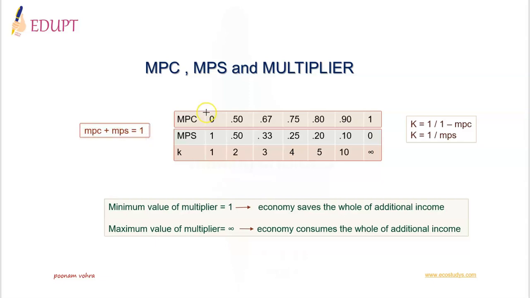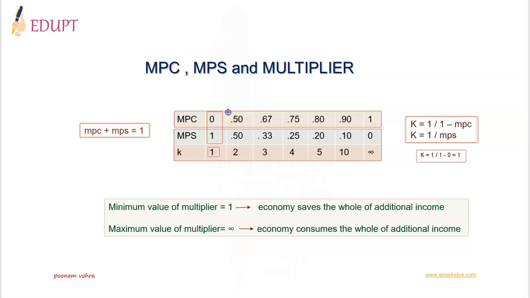So if MPC is 0, obviously MPS would be 1. We also know that multiplier is equal to 1 over 1 minus MPC or 1 over MPS. So to find multiplier when MPC is 0, one needs to substitute the values. In this case, when MPC is 0, multiplier is 1.